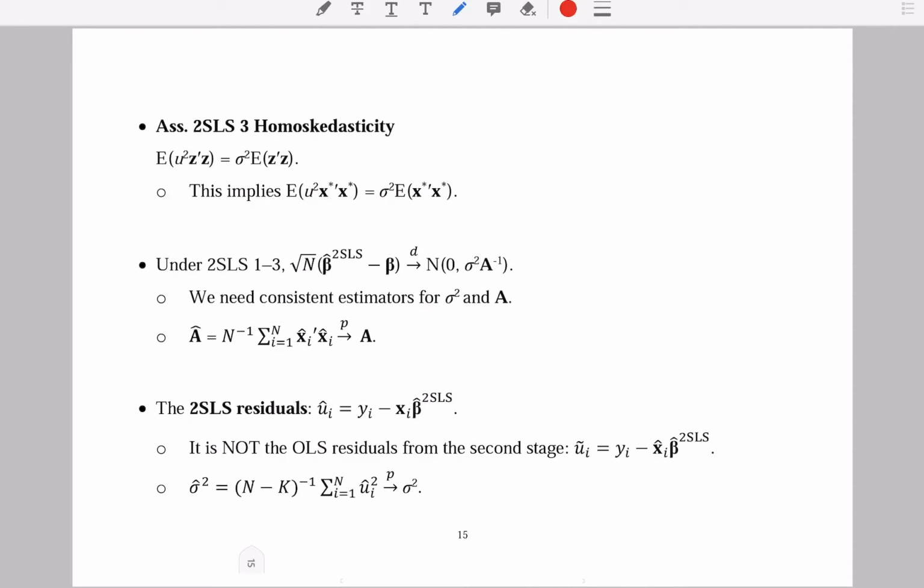Similarly, just like the OLS case, if we want, we can make an additional assumption, the homoscedasticity assumption, and that will simplify the variance. A sufficient condition is that the variance of U given Z is a constant.